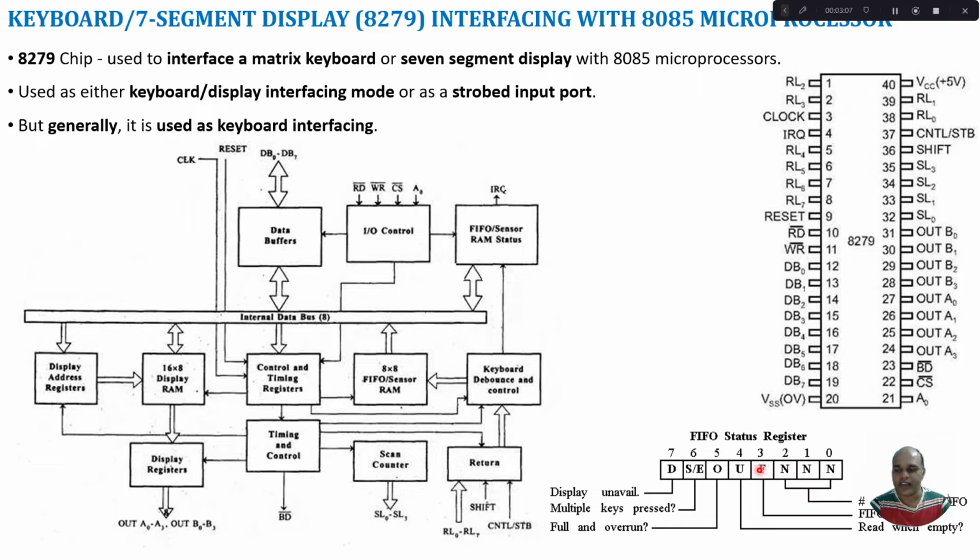That is indicated by this F flag. The U flag is used when the data is read by the CPU from the FIFO sensor RAM and it gets empty. Once the FIFO sensor RAM does not have any valid data, that is indicated by this U flag. Then there is an overrun flag.